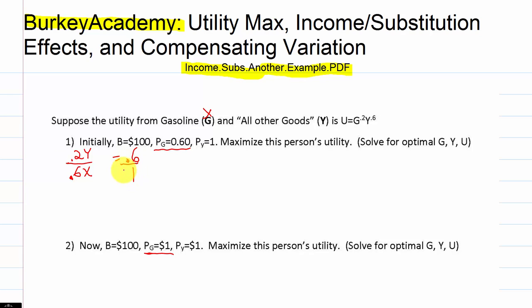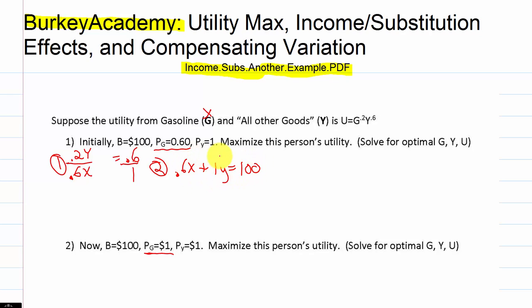So this is our first equation. Our second equation is simply the budget line equation: 0.6 times how many x's we buy plus 1 times how many y's we buy equals $100, the budget. We just want to solve these two equations in two unknowns. We solve the equation on the left for either x or y and plug it into the budget line.